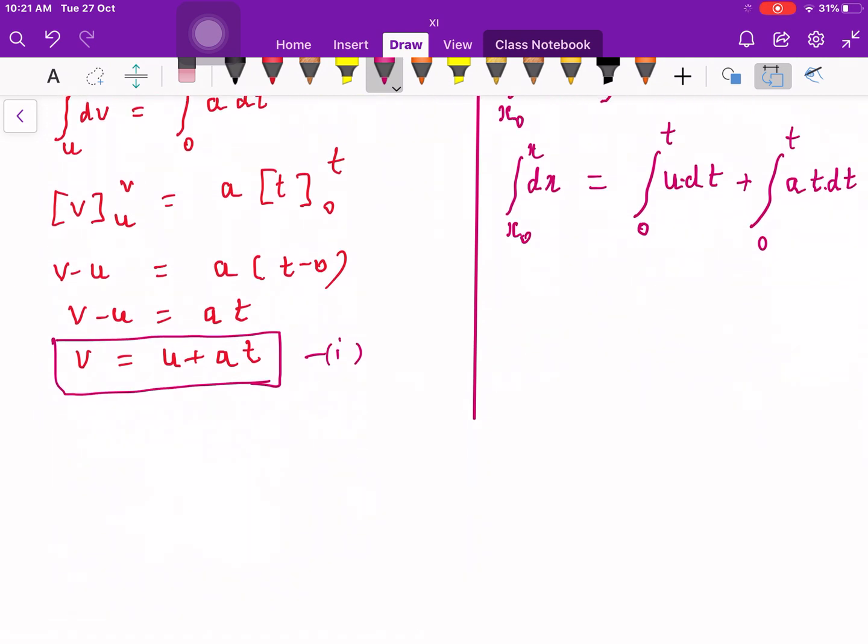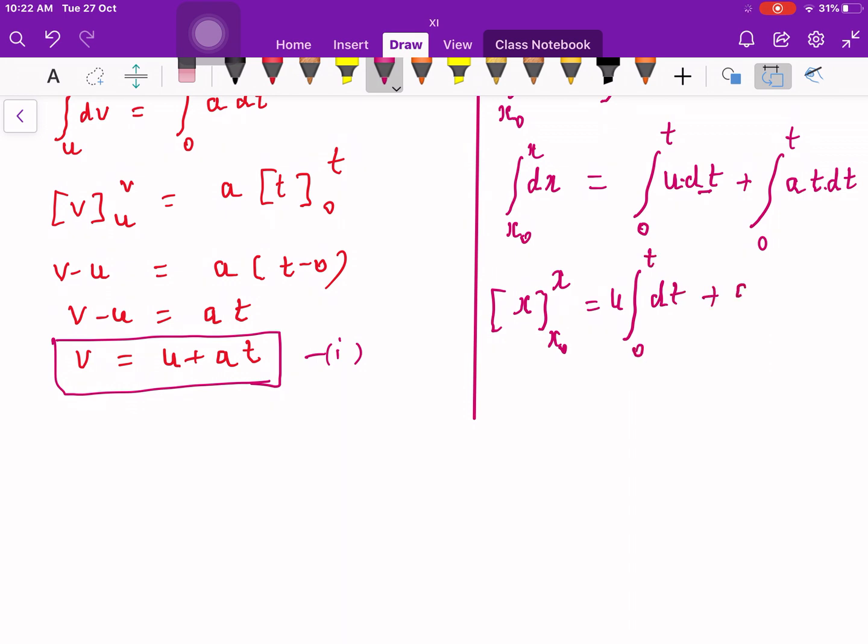Now if I integrate this dx, the integration of dx will be x, with limits from x0 to x. And here again the integration of u, because u is the initial velocity, which is independent of time, so the integration of dt will be t, from 0 to t.